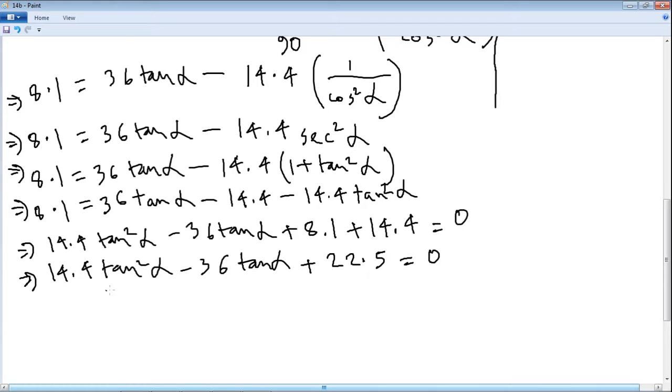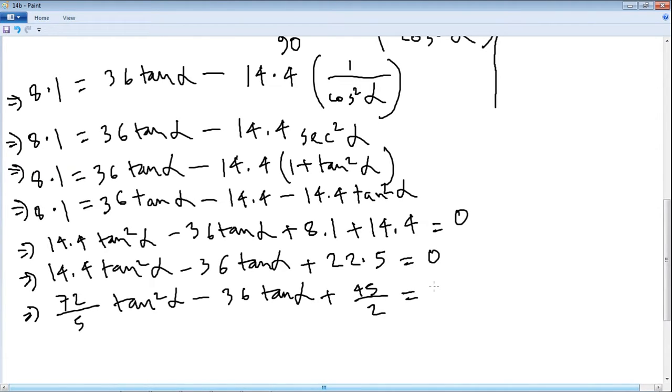Equals 0. So let us write this as a fraction. We get 72 by 5 tan squared alpha minus 36 tan alpha plus 22.5, which as a fraction is 45 by 2, equals 0.